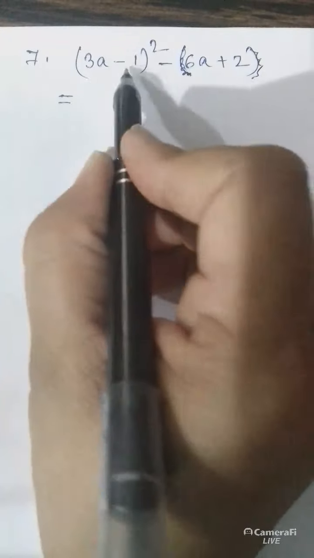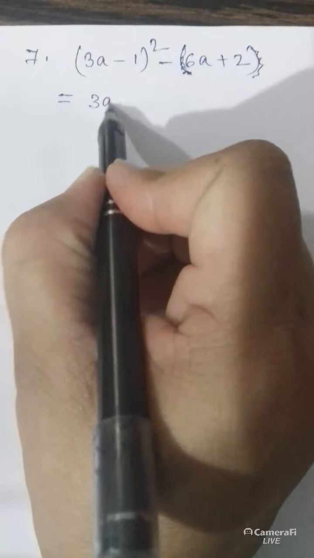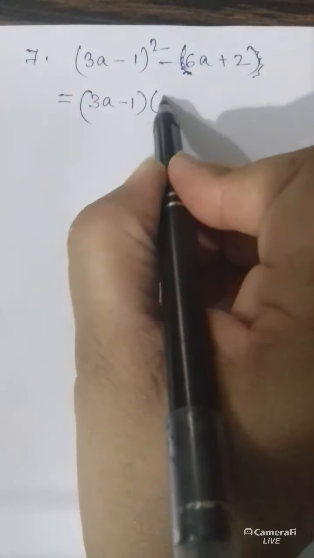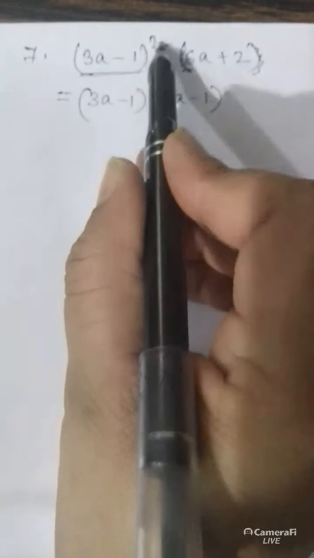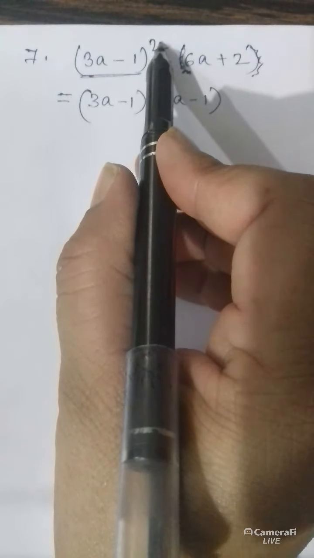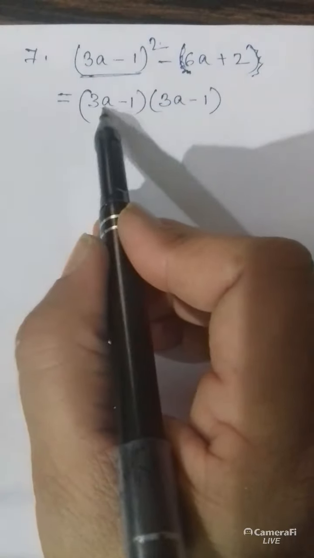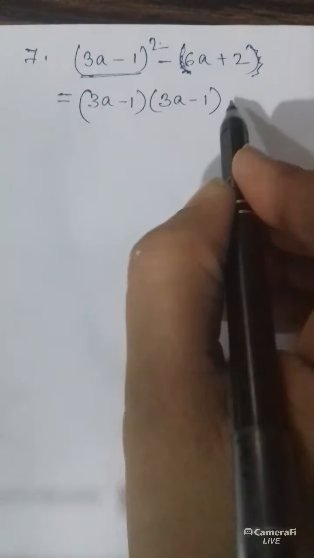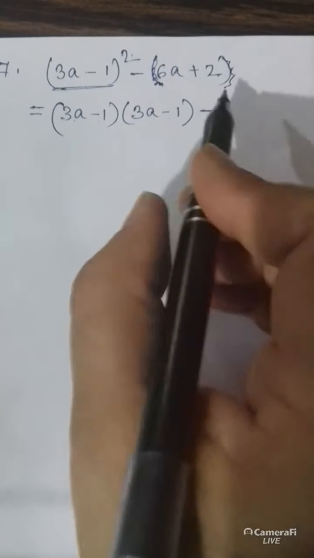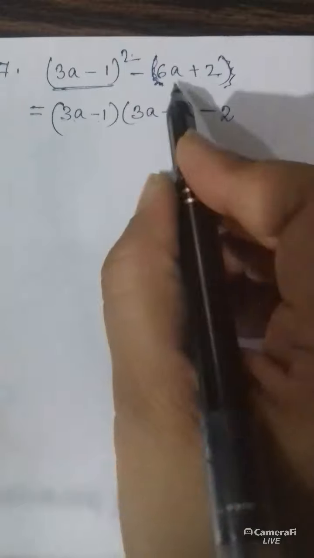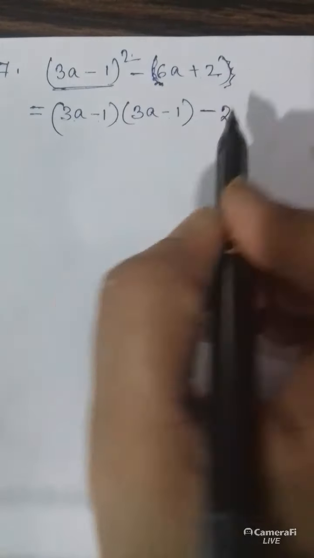There is no common bracket. So see, 3a minus 1 whole square means 3a minus 1 into 3a minus 1, the same number multiplied 2 times. And in minus 6a plus 2, 2 is a common factor between 6a and 2.